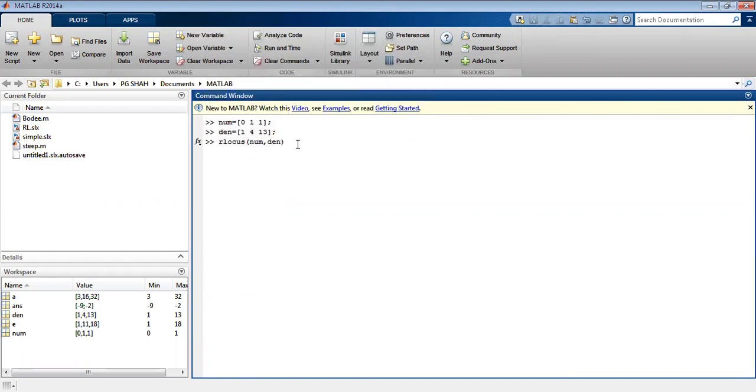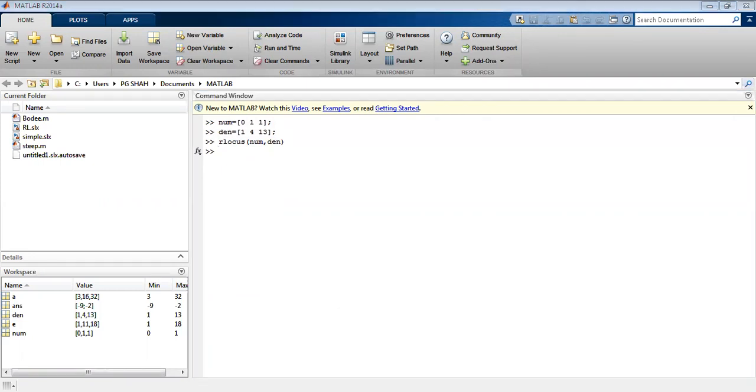This is the command of the root locus, and if you find now, we'll get this figure. So this is the first open loop poles. Sorry, this is open loop 0. Okay, this is -1, and this is a first pole -2 plus 3j, and this is another pole -2 minus 3j.